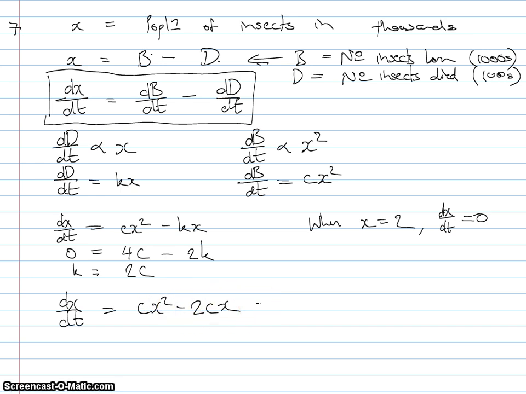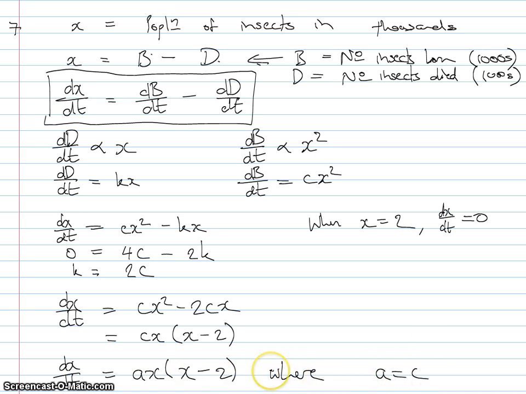I can simplify this by factoring out, and I get dx by dt is equal to cx(x - 2). Now, it doesn't want a c in the equation, it wants an a, but that's okay because they're both just constants. So dx by dt is equal to ax(x - 2), where a equals c. No worries.